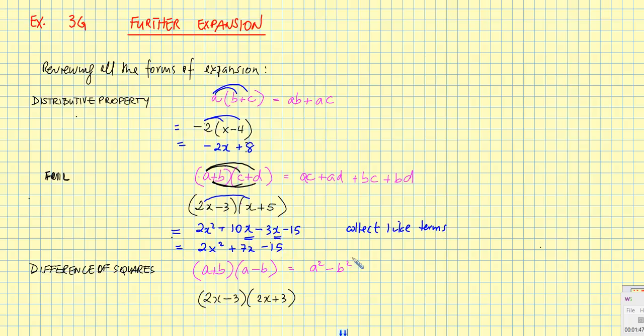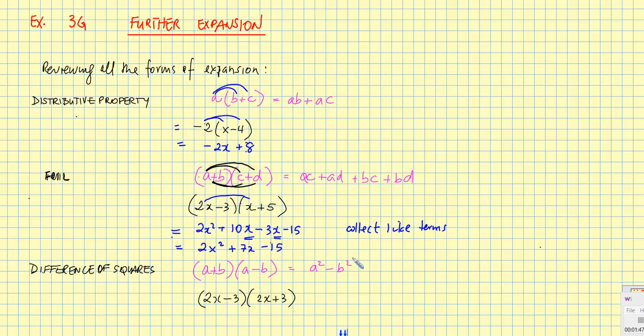Our third form of expansion is where we have the special cases or the shortcuts, which is the difference of squares. So the difference of squares has the same terms inside the two parentheses, except one of them has a positive in it and the other one has a negative. So it's either a plus and a minus, or a minus and a plus.